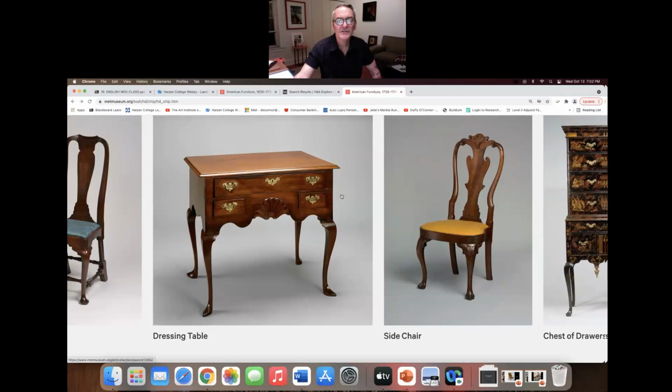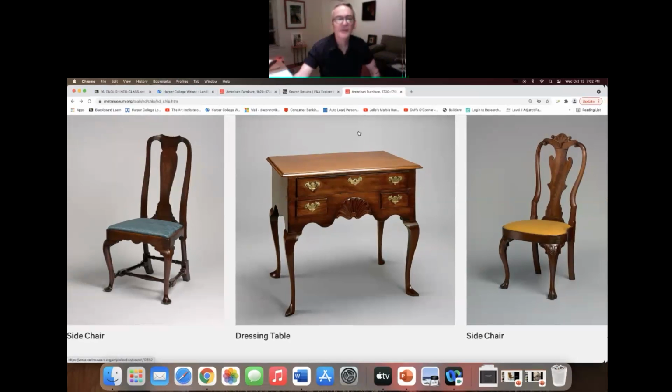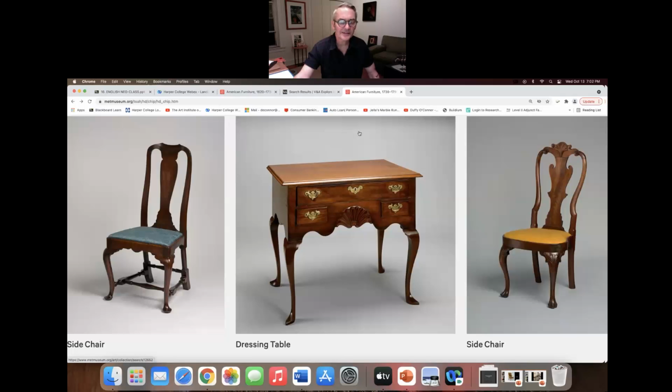I wanted you to see that there's stuff going on at the same time. These are the colonies of the French and the English that we're mostly concentrating on, and you also see Spanish Baroque in Mexico and Argentina.